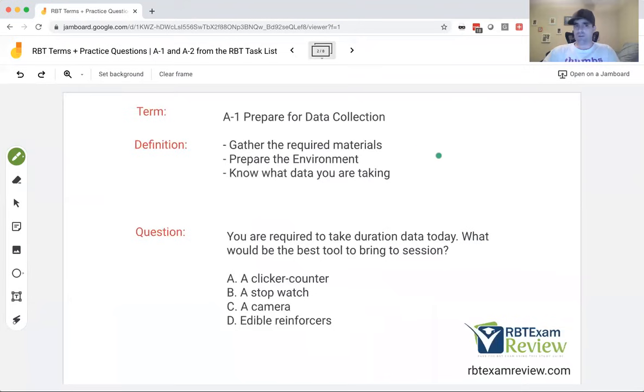So what I'm going to try to do is go over the task list and give you all the terms, give you the definitions, and then give you a question that you might see on the test based on the term. Okay? Because I always stress how important it is to learn your terms, learn your definitions, and how much easier it makes your exam if you know them.